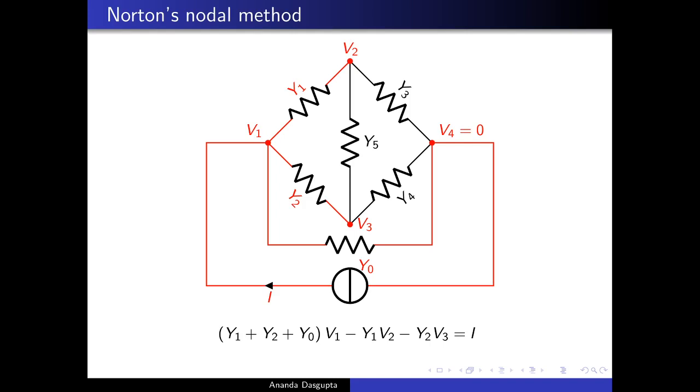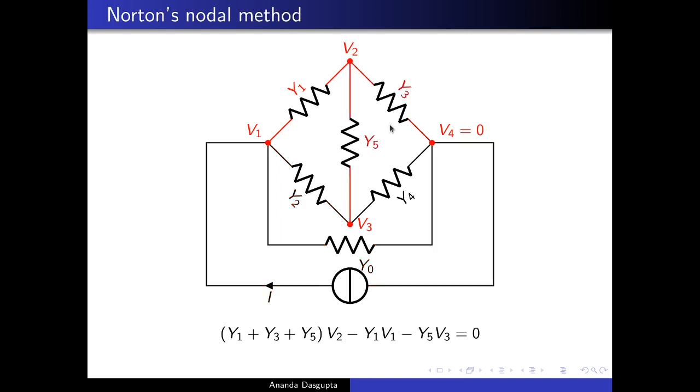That's it. So quickly, now we can use this rule to figure out the equation for node V2. In this node, of course, Y1, Y5 and Y3 are the three admittances joined to it, and V1, V3 and again V4 are the three voltages connected to the node in some way.